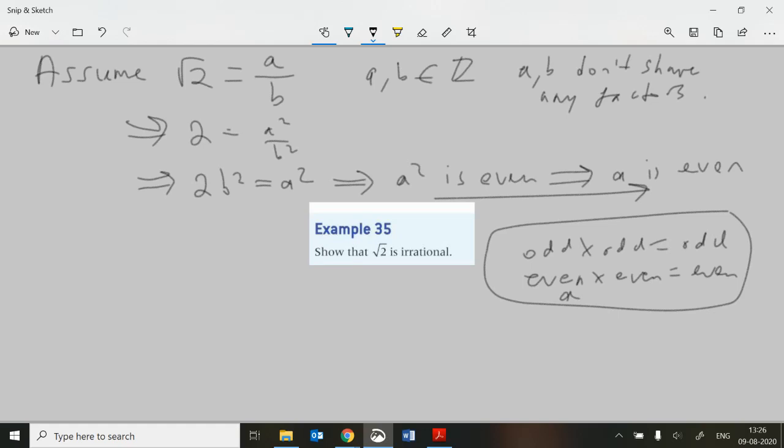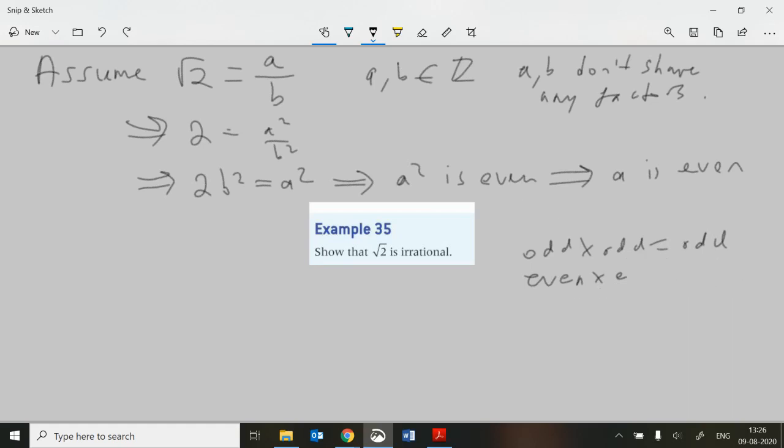Okay, so if a times a gives us a squared, it works either way. So if we've got an even number, it must have come from multiplying two even numbers together. Okay, so that implies that a is even. Okay, in which case we can write a.